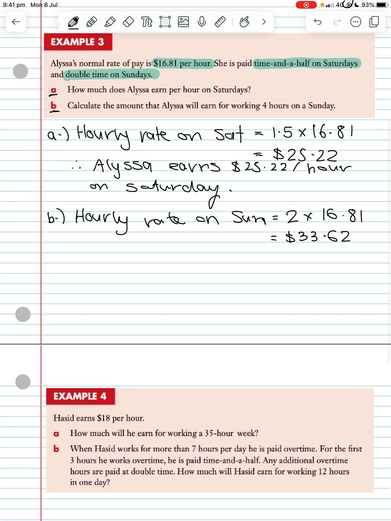We know then she's working 4 hours, so we'd say pay. You can just write pay because we are going to write a therefore statement. So pay equals the 4 hours times the $33.62, which is going to be $134.48.